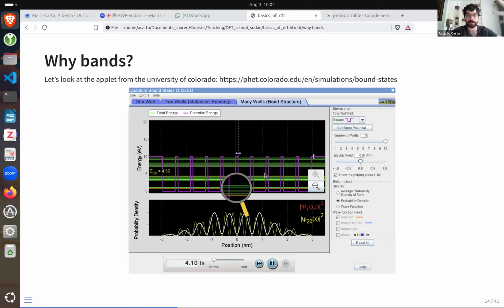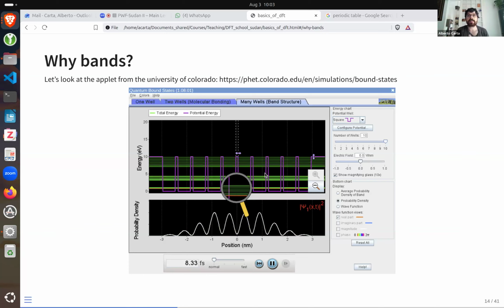So a band is really like a continuum of states that emerges from the fact that you start to put quantum systems close to each other. Okay, and in the limit in which we form a crystal, in the limit in which we put an infinite amount of these quantum wells all together to form, in this case, a 1D crystal, it will create a complete continuum of states. Okay.